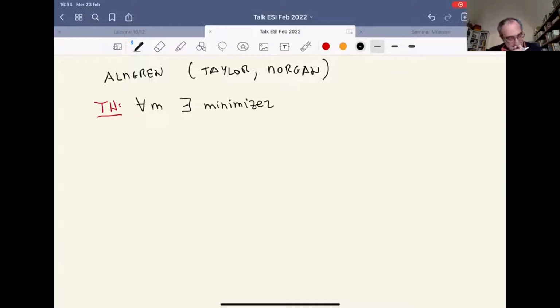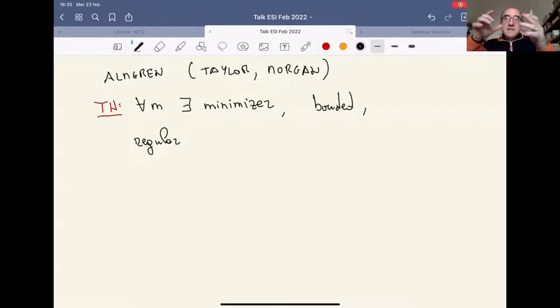And it is bounded, and it is regular out of a singular set, where regular here means that once it is locally the graph of a function, then it is also analytic, because these are constant mean curvature surfaces.